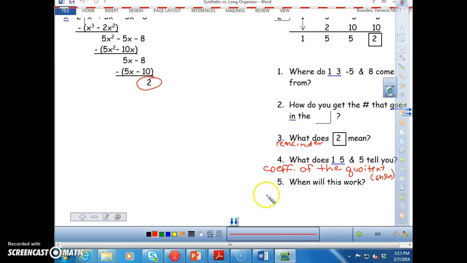When will this work? Always. We'll get to that later, but it will always work when the divisor is linear.